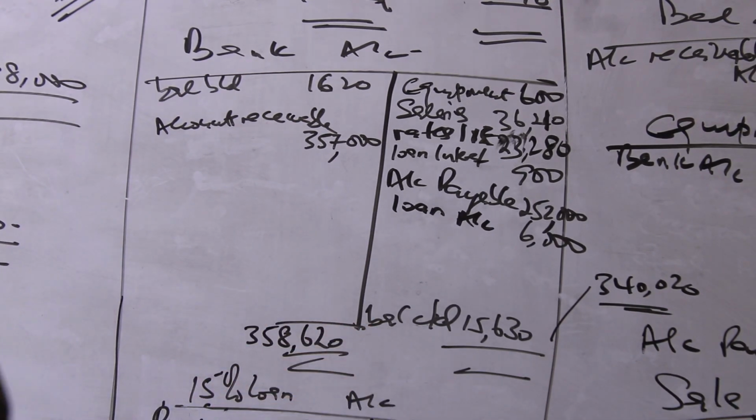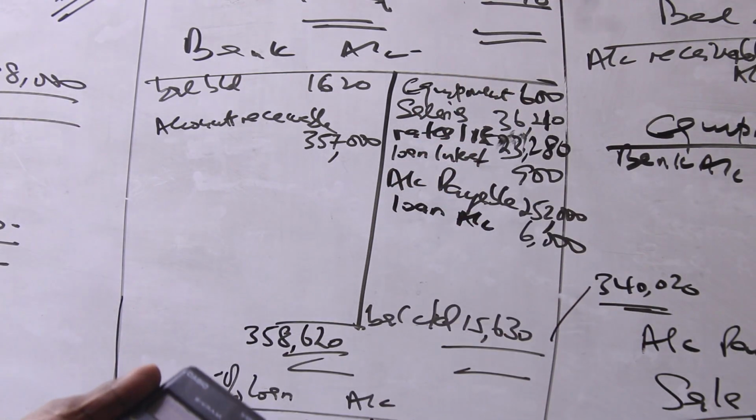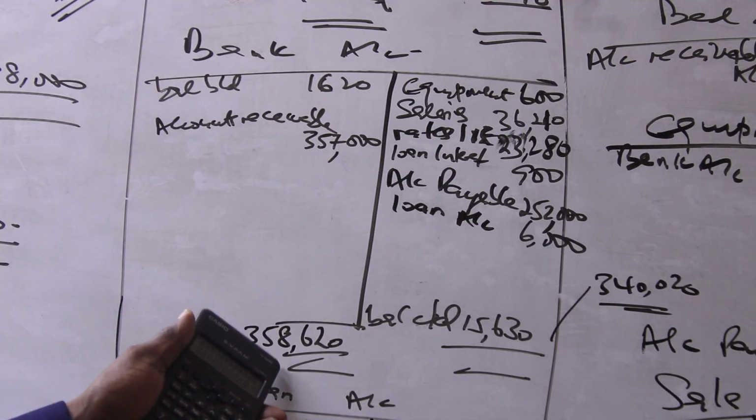Okay, let's re-add the credit side. At least you know the debit is 358,620.